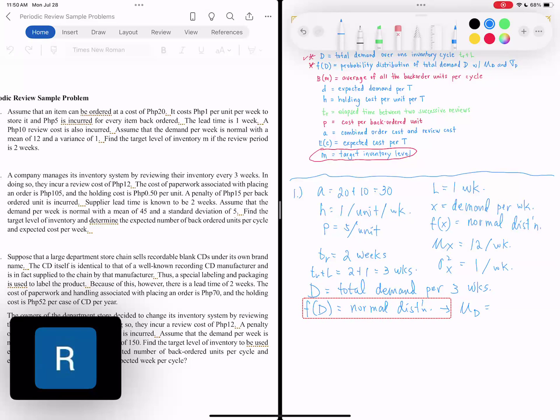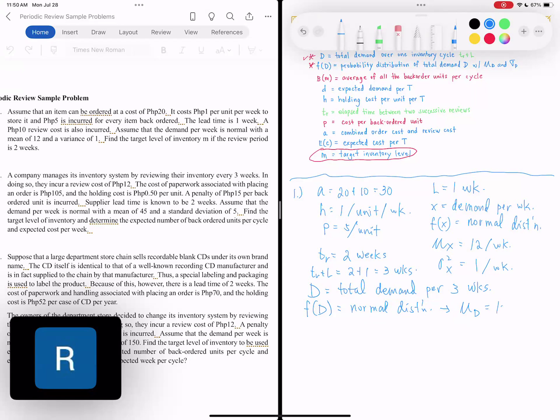If your mean is 12 per week in a normal distribution, what will be the mean of the normal distribution if you have 3 weeks? The mean demand if you have 3 weeks. If it's 12 per week, then what is mu of capital D? So in your PowerPoint, you have, tama ba?